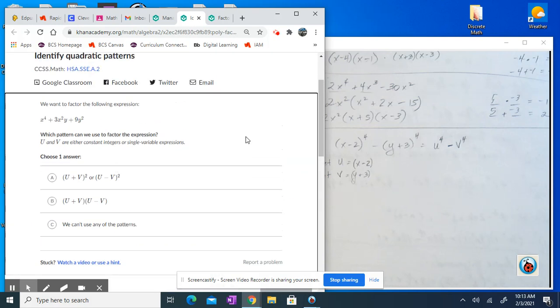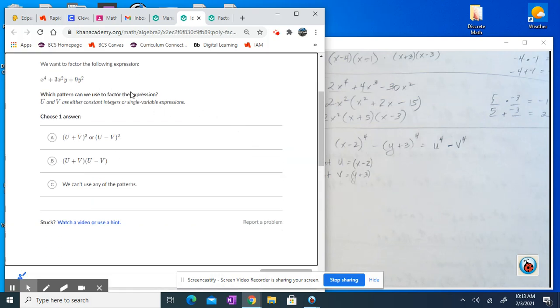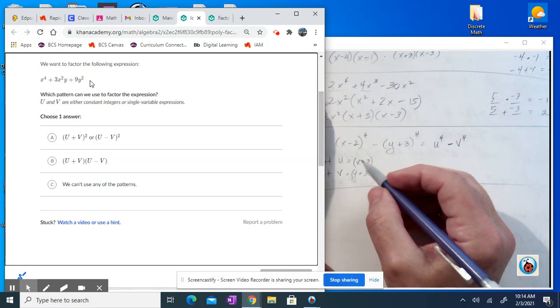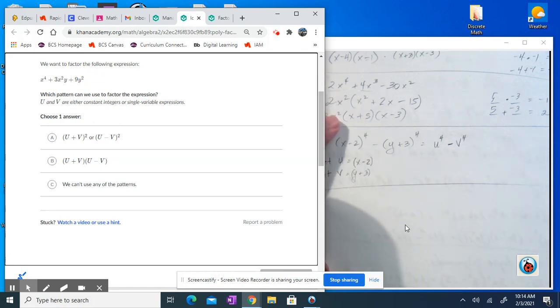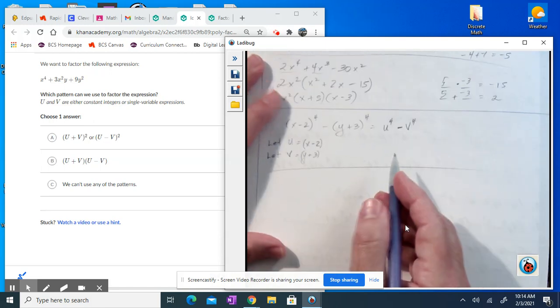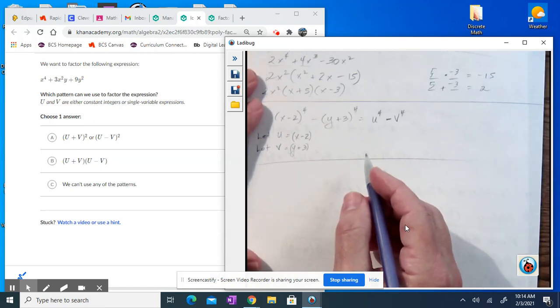So confusing. This one, it's definitely not a difference of squares. This is asking, could it be like a perfect square trinomial? So let's check that out. So is it possible that it's u plus v squared?